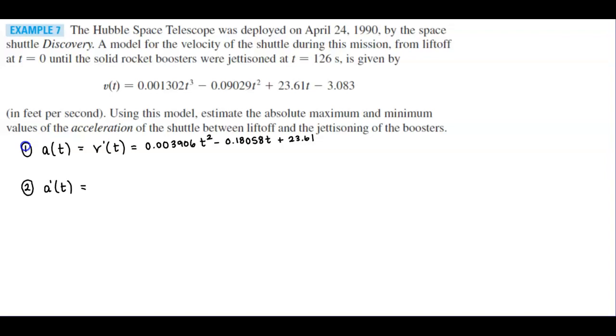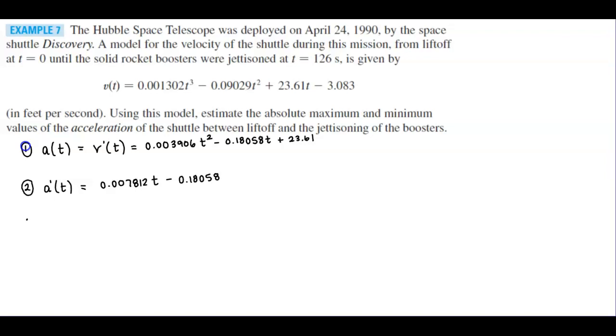Well, 2 times 0.003906 gives us 0.007812 t, and then minus the derivative of 0.18058 t, which is minus 0.18058, and then we know the derivative of the constant 23.61 is 0.